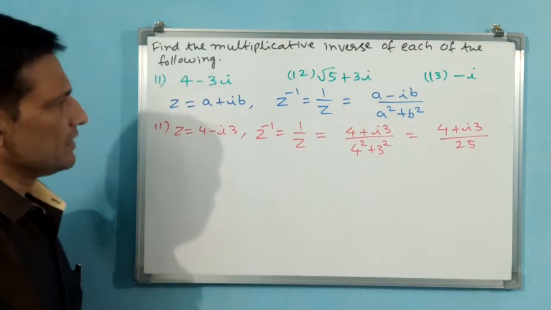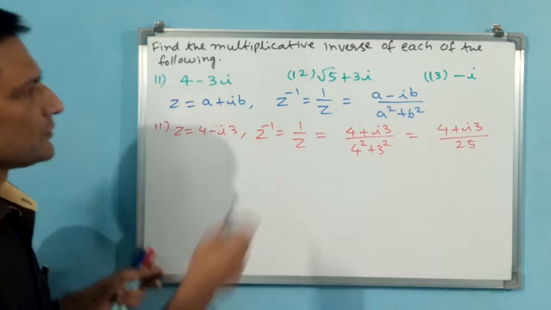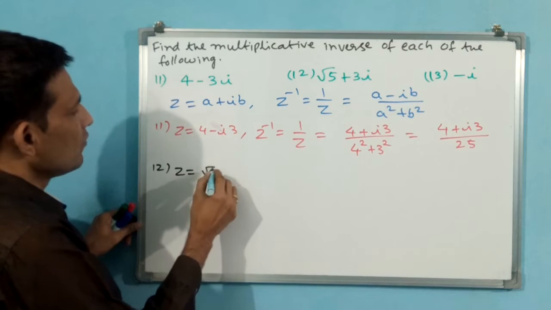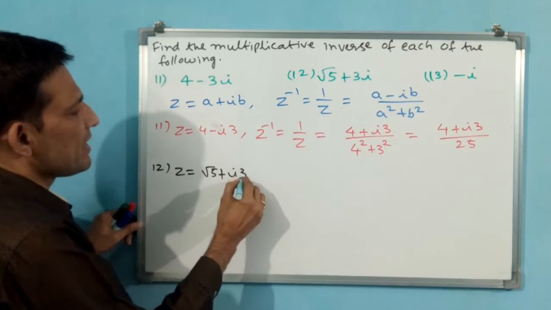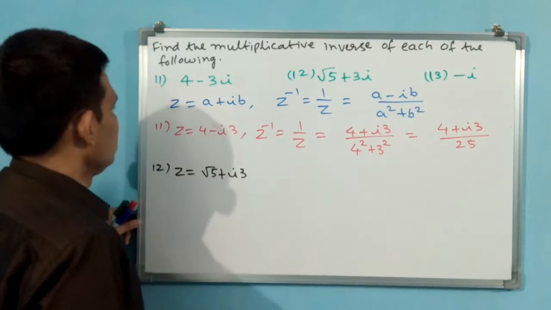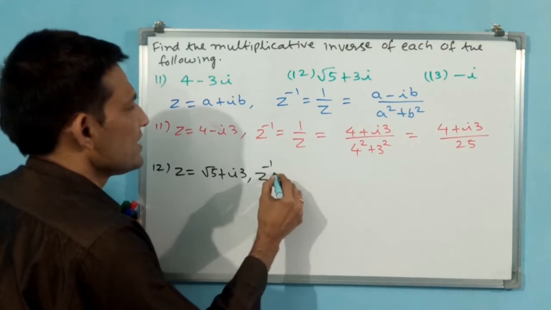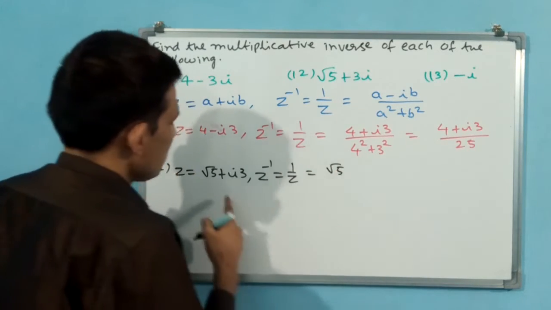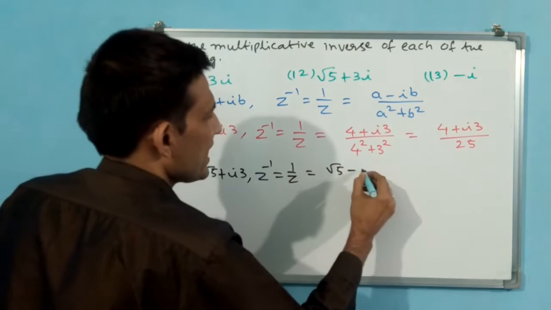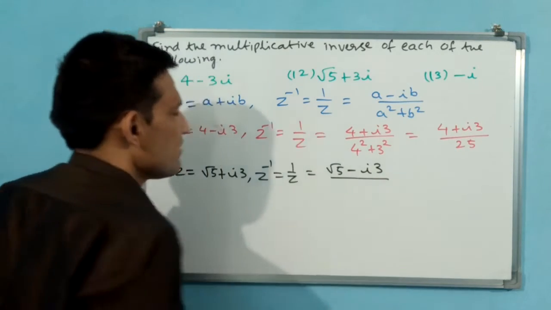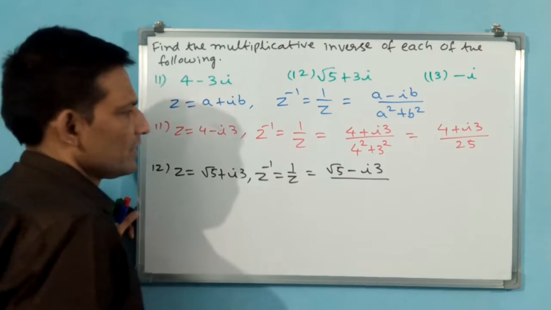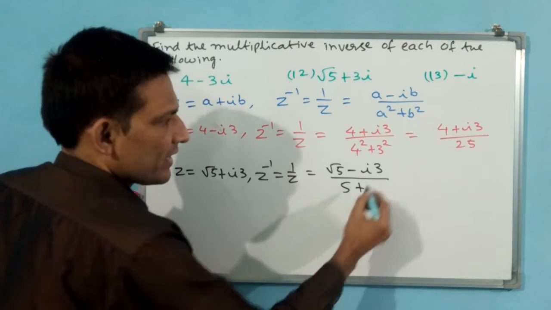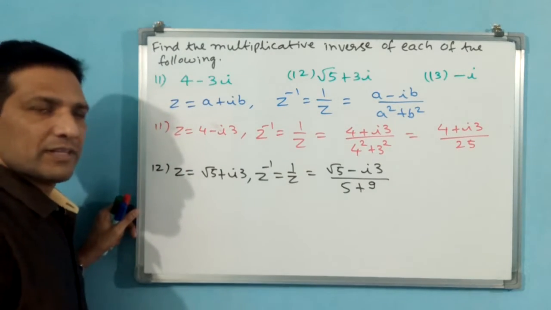Now let us take the 12th question. Z is equal to root 5 plus I3, I am writing it rather than 3I. Now Z inverse, or 1 by Z, is equal to root 5, which doesn't change, but this is going to change, minus I3, divided by root 5 square, which is 5, plus 3 square, 9. Why?